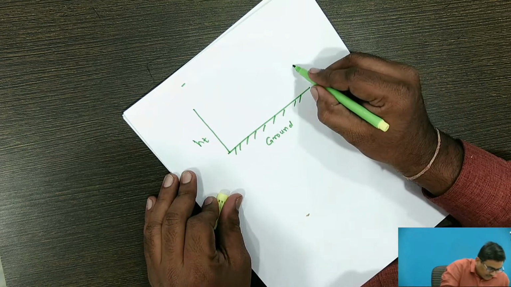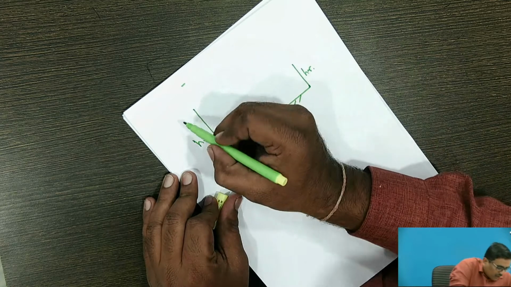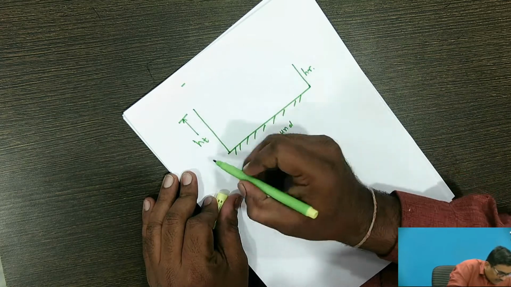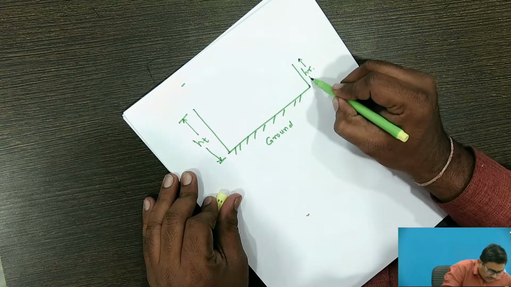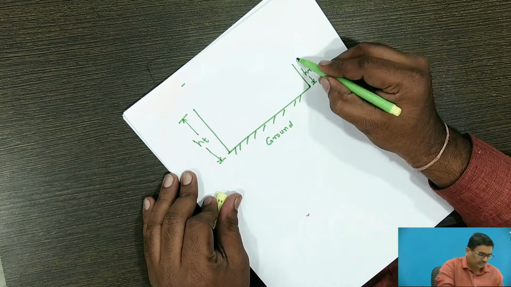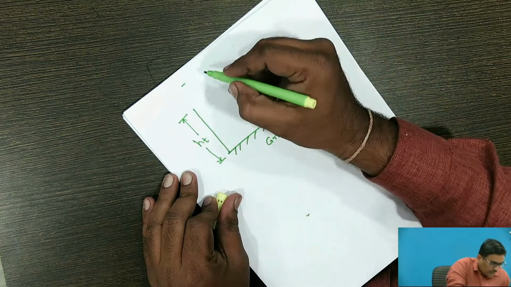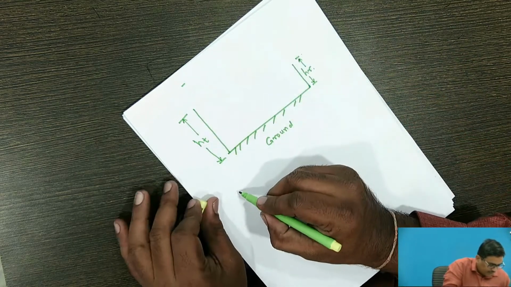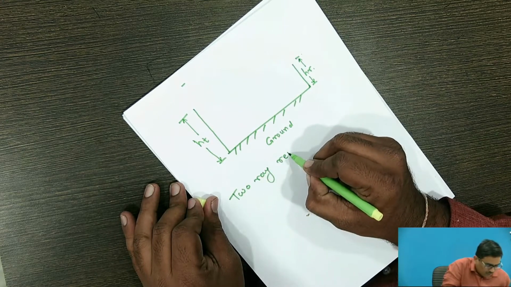This is the height of the receiving antenna, that is h of r. Now, for the Ray reflection model, remember there are Ray reflection models.